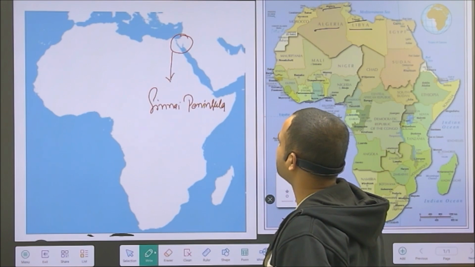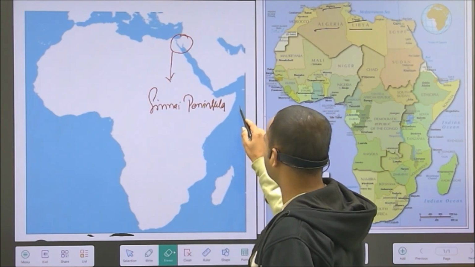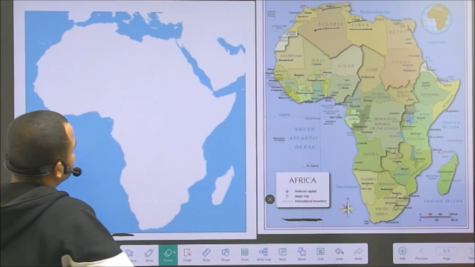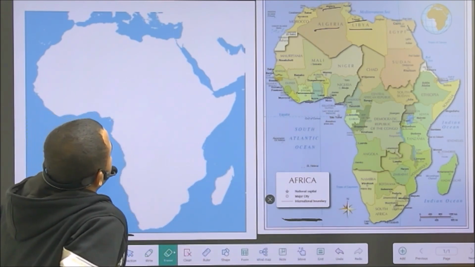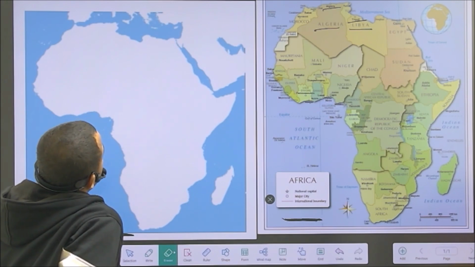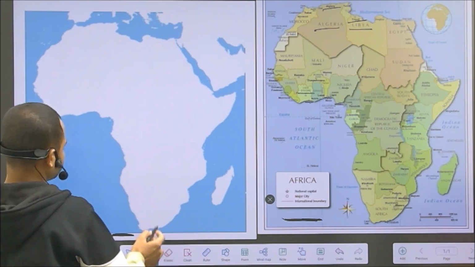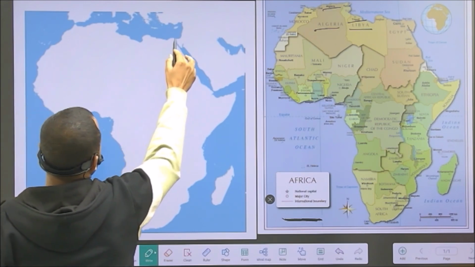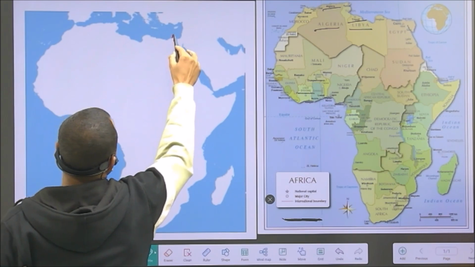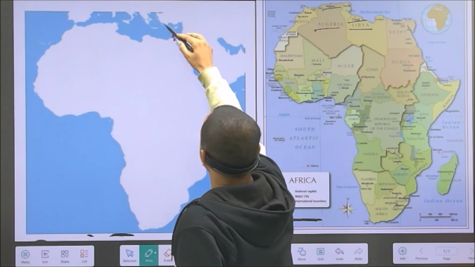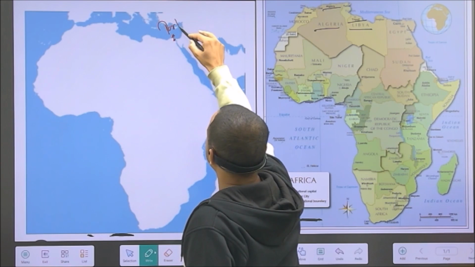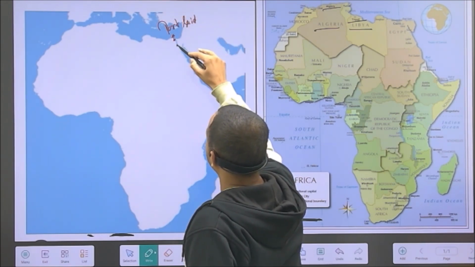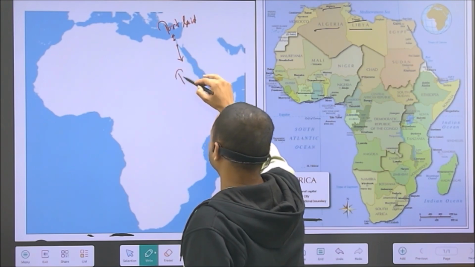And if we see total location between Port Said to Port Suez, here Port Said is situated. Here Port Suez is situated.